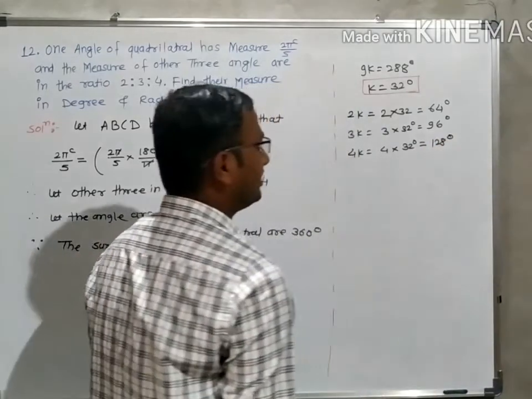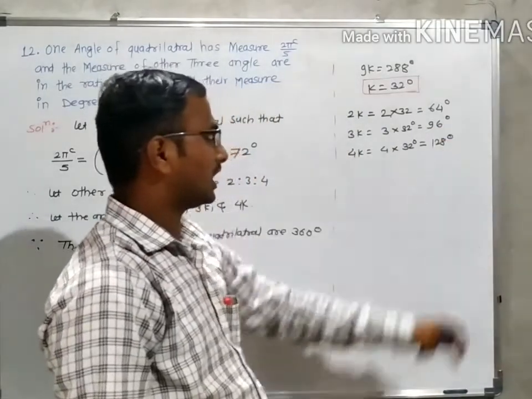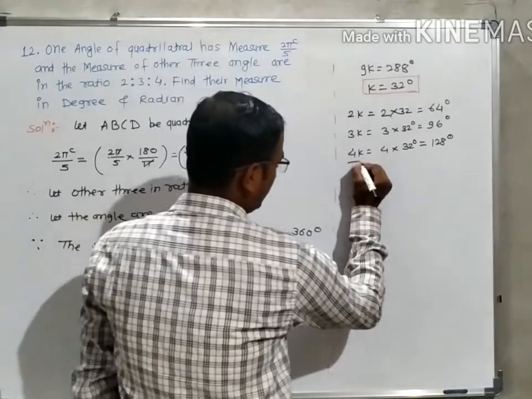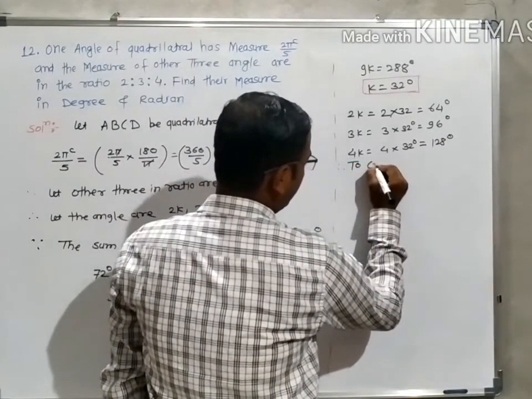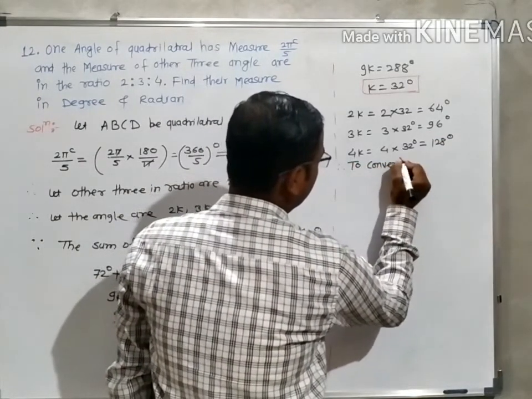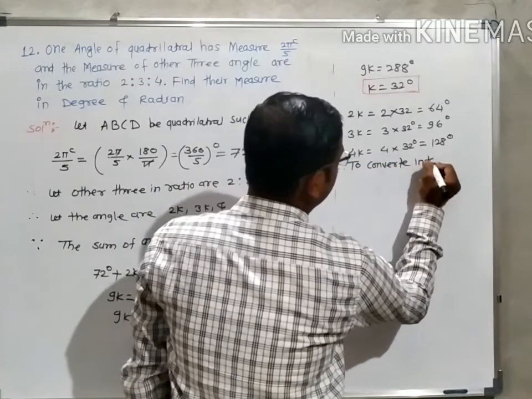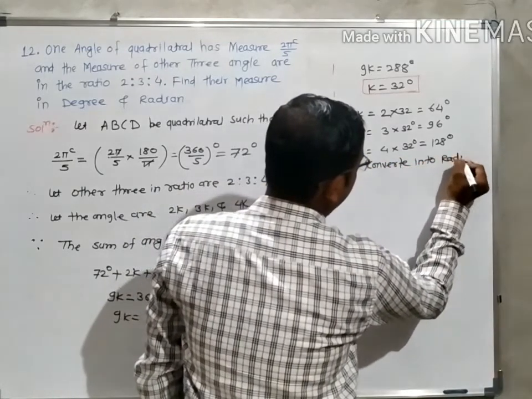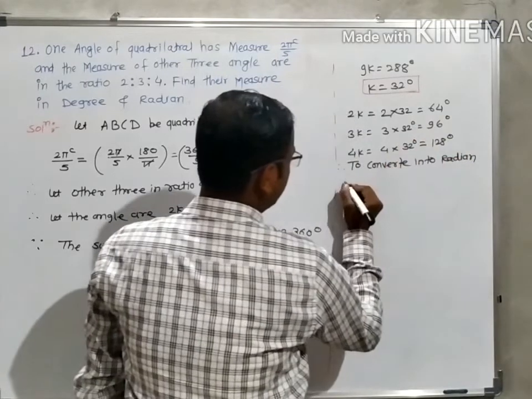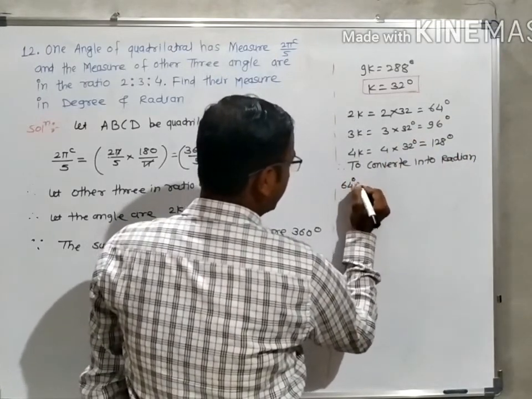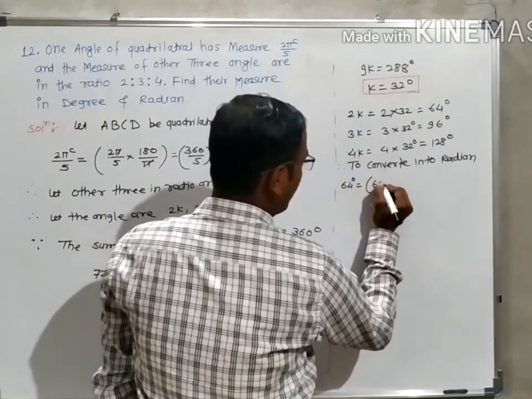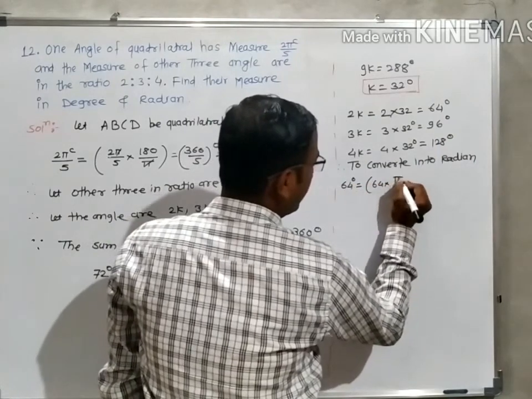Now to convert these angles into radians. 64 degrees converted into radian is 64 into pi upon 180.